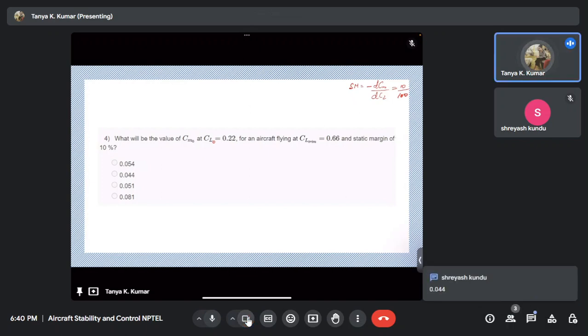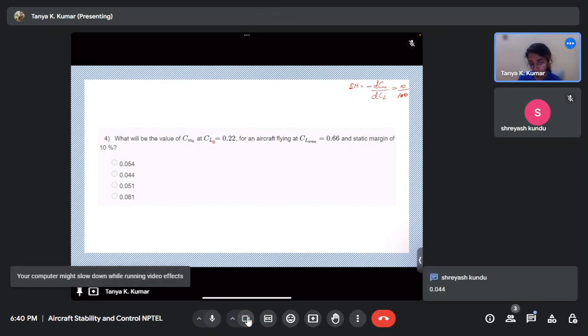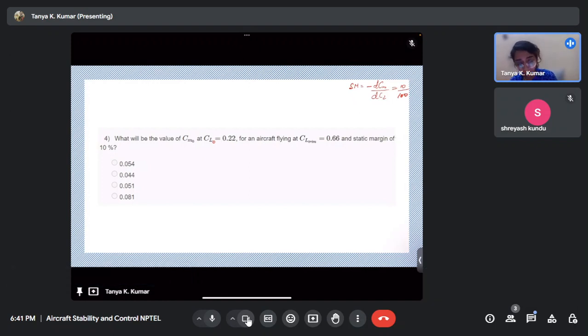Okay, 0.44. Let's try doing this. One thing that we need to know is the difference between the Cm naught that we have defined earlier on and the Cm naught in this case. So two equations that we have. One is the Cm pitching moment equation that we've studied, Cm naught plus Cm alpha into alpha.